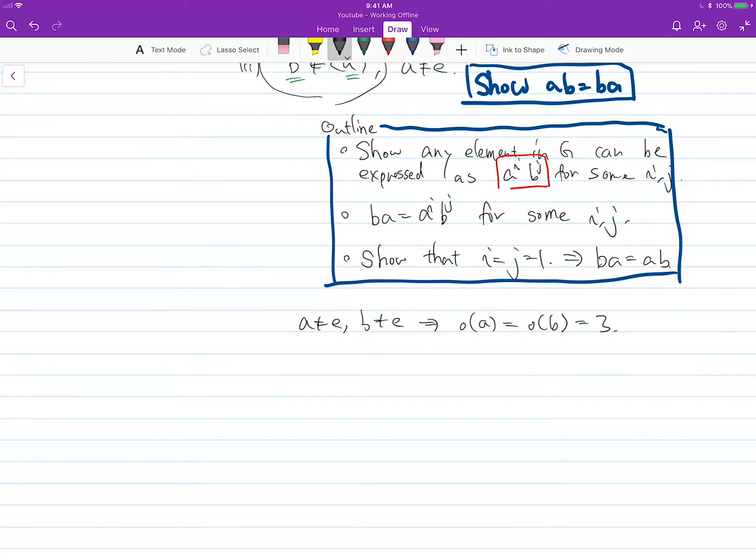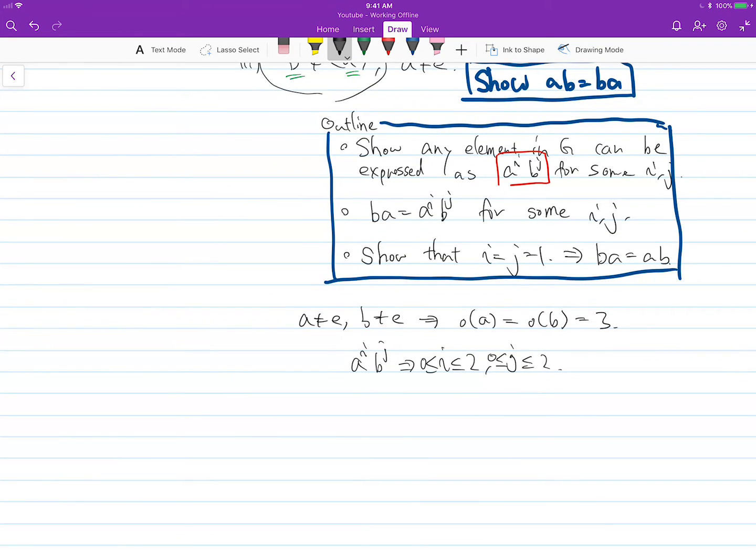So if we're gonna do this A to the I, B to the J thing, then I and J just have to be between 0 and 2. So 0, 1, 2. So let's see. So we have these elements.